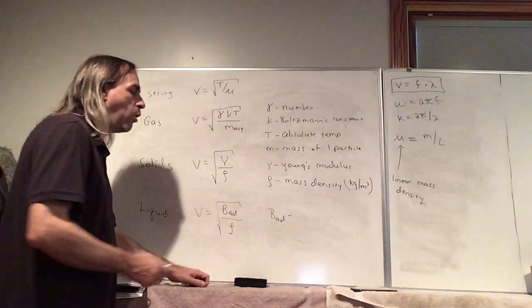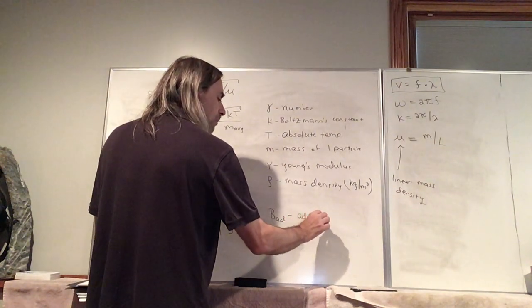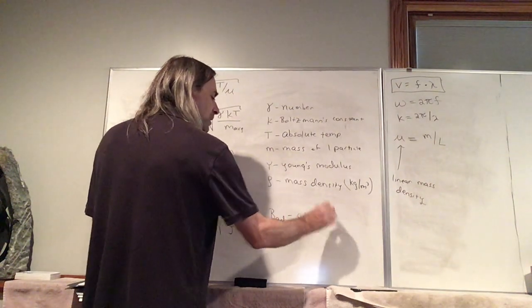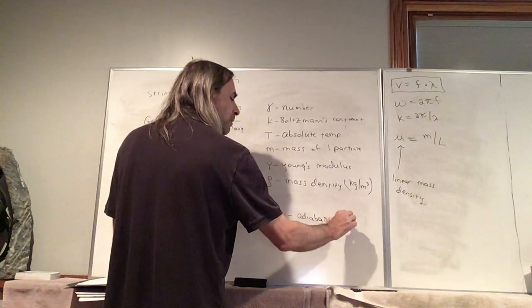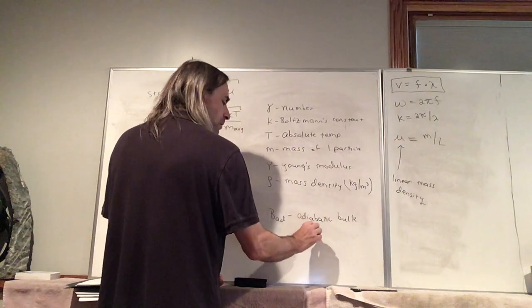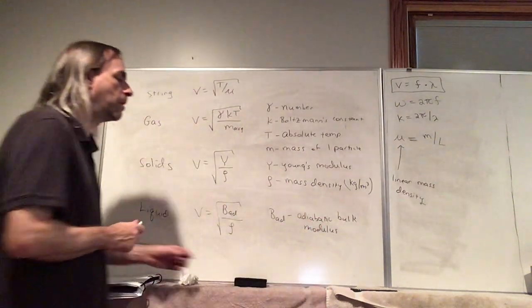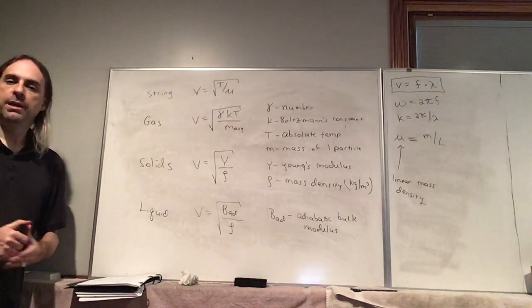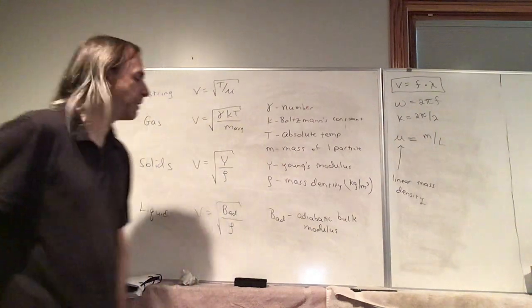B is called the bulk modulus. And this AD stands for something called adiabatic. So, adiabatic bulk modulus. Now, the bulk modulus in general, whether it's adiabatic or not, we'll talk about what that means in a minute.